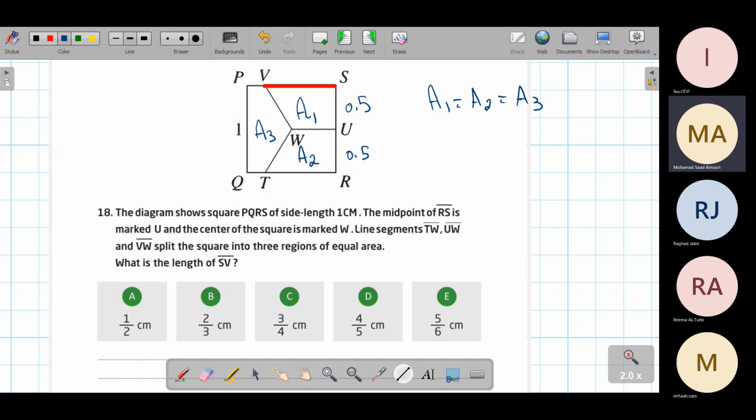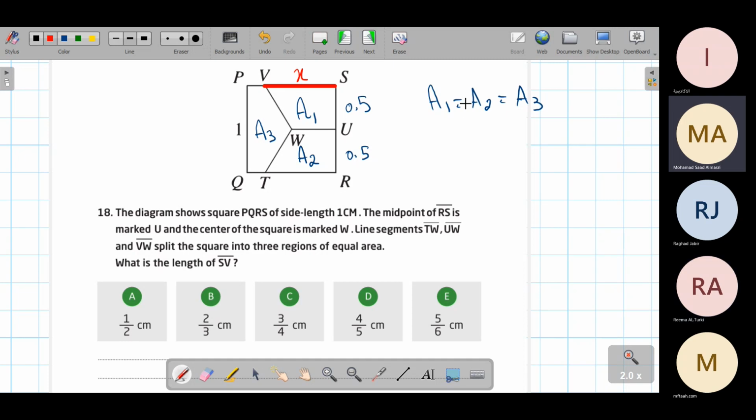Always, Rima, when we want to calculate any length or any angle for any figure or graph, if you don't know the value of the angle or the length, you will say let x be the value of this side or this angle. So I will say that x is the length of SV.